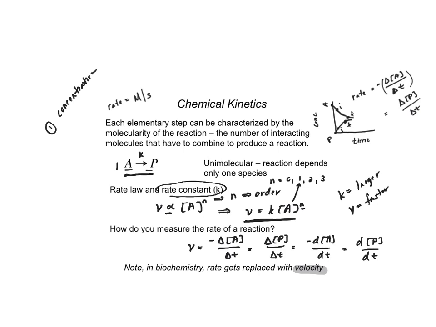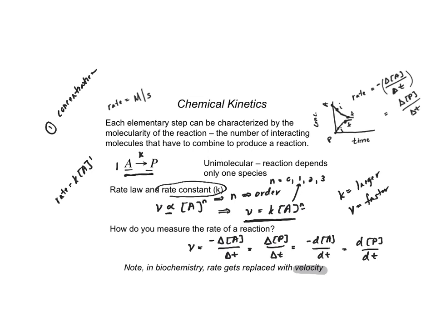So in elementary steps, the stoichiometry essentially tells you the order of the various reactants. So the rate law for this elementary step would be rate is equal to k[A] to the 1. Okay, so in elementary steps, you can directly infer what the order of the reaction is just by looking at the stoichiometry of the step, which is what's so great about elementary steps.